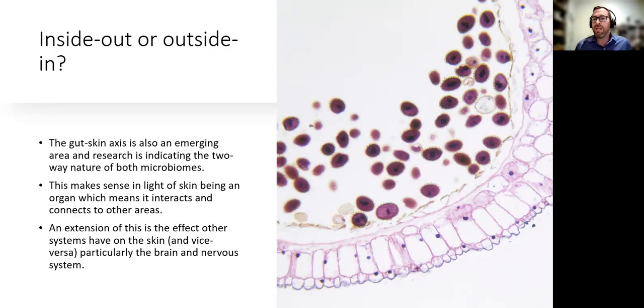It makes sense in light of the skin being an organ, and organs we know interact with other organs. So if something is happening in a vascular sense, in an endocrinological sense, in a gut sense, it's going to impact the skin.